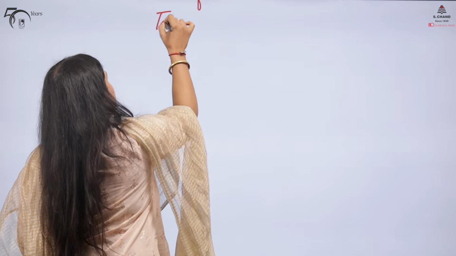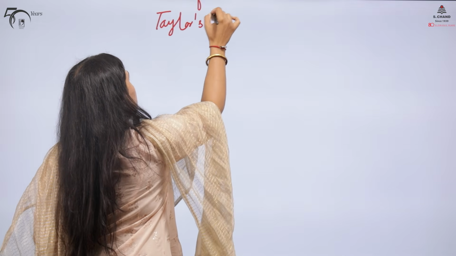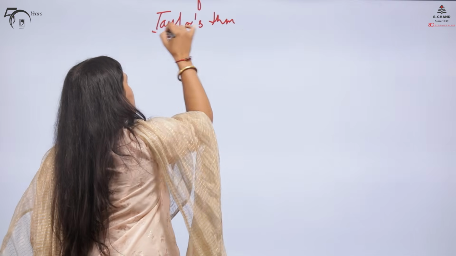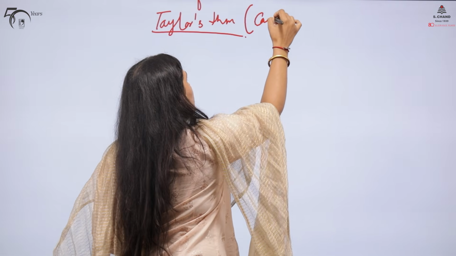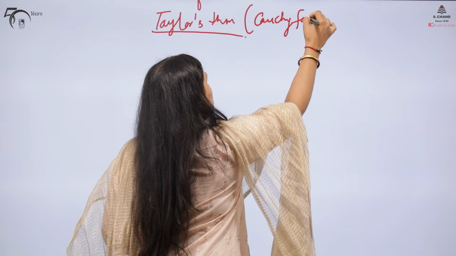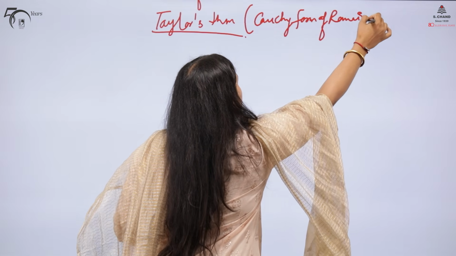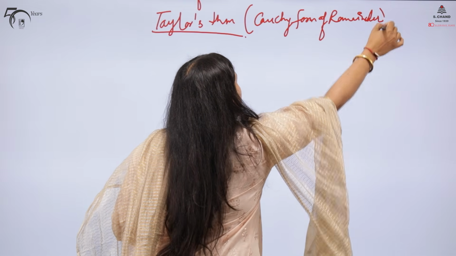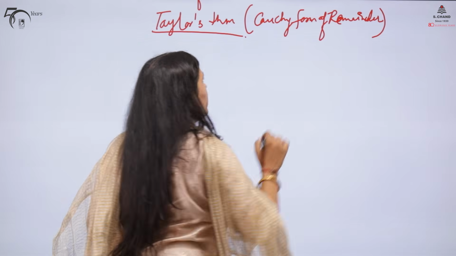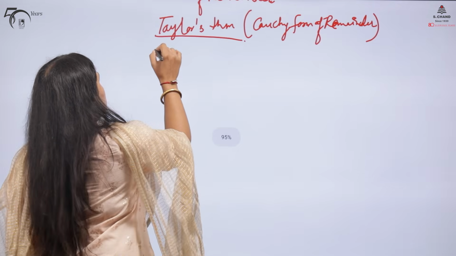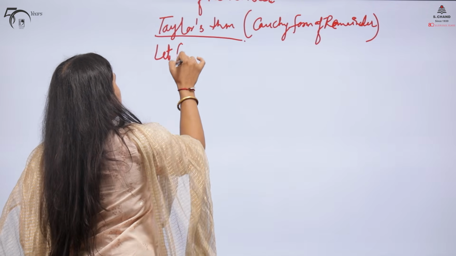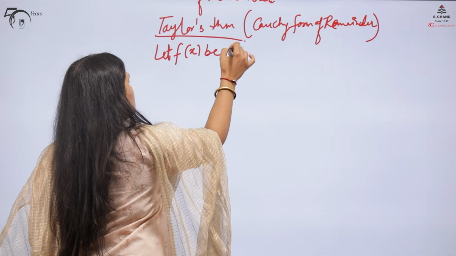So Taylor's theorem, Cauchy's form of remainder. What exactly is it? Let's start with the statement. Let f(x) be a function.